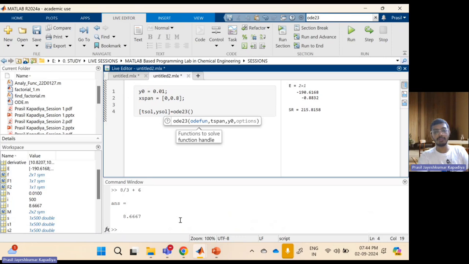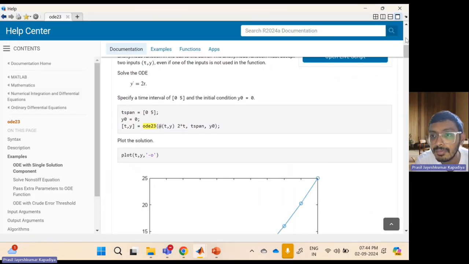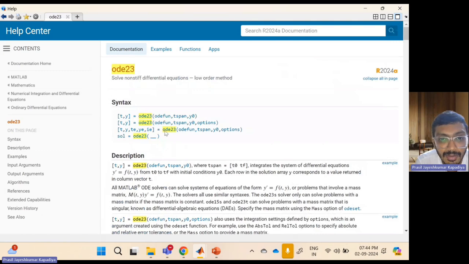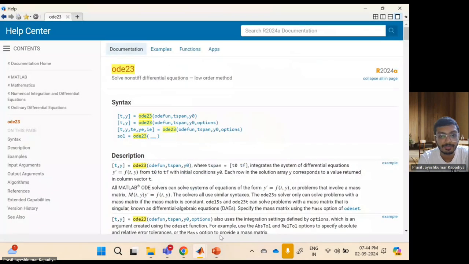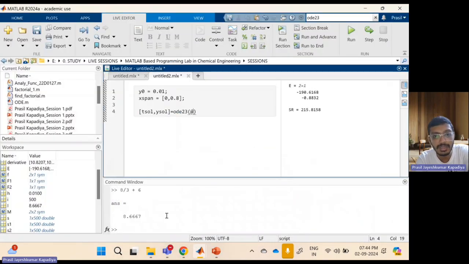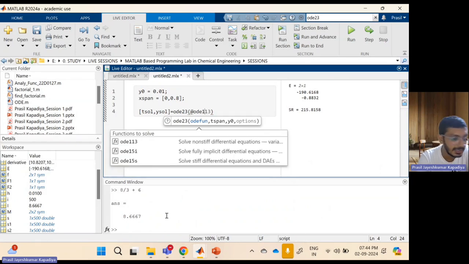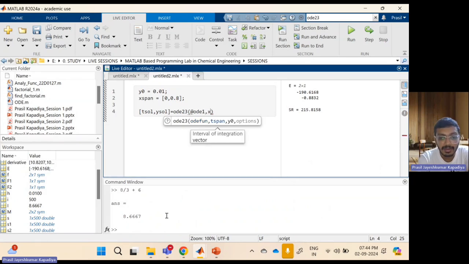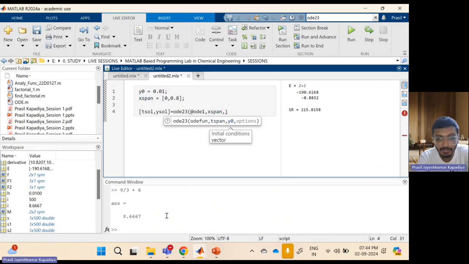What is the syntax? ODE23, at the rate my function, x span and y0. So at the rate I will call the ODE function, let's say ODE1, my x span, comma y0.